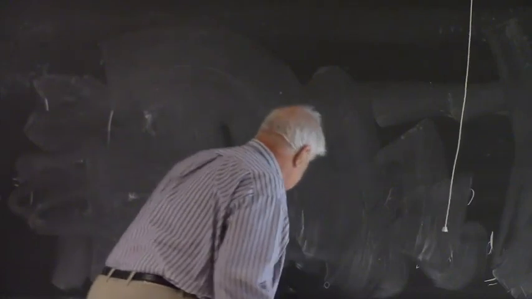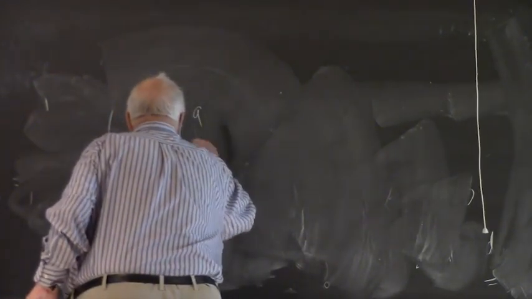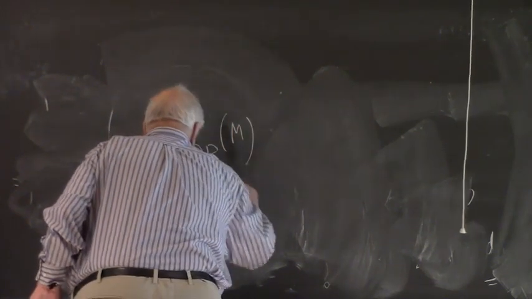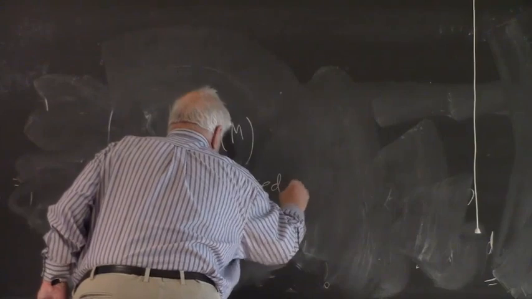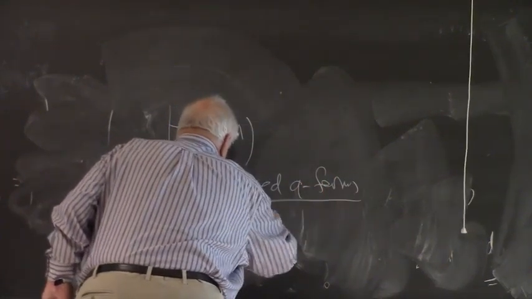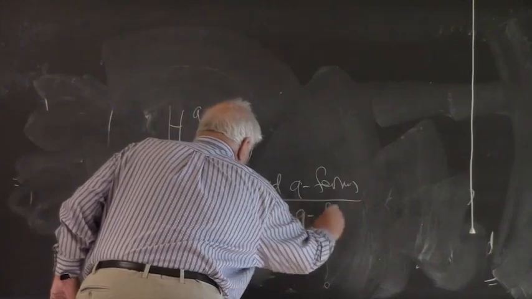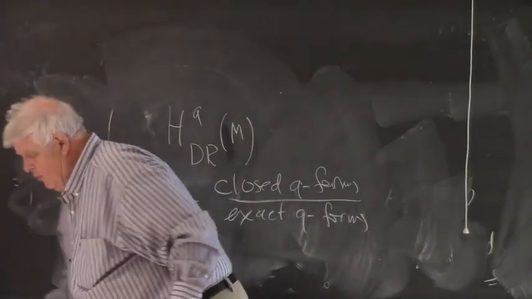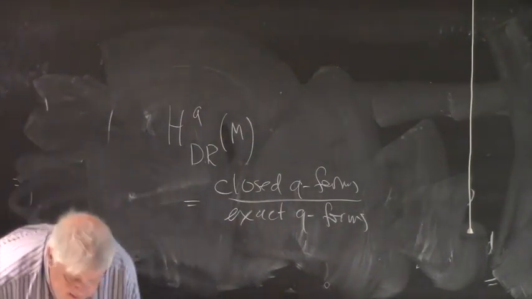So H^q de Rham of M is this quotient: closed q-forms over exact q-forms.